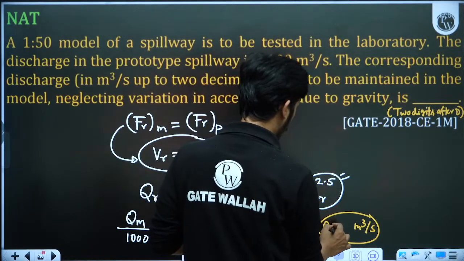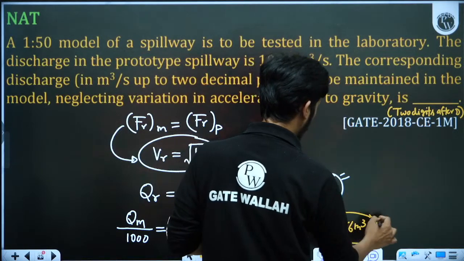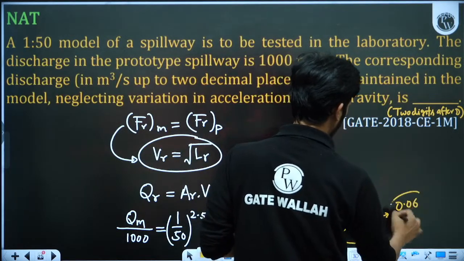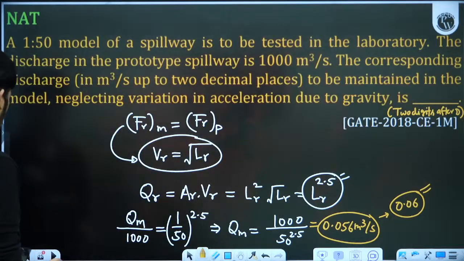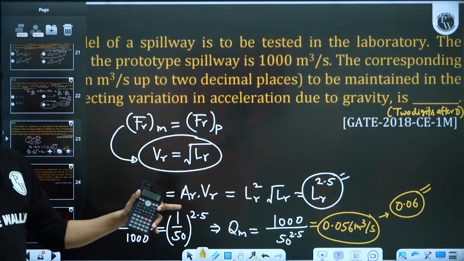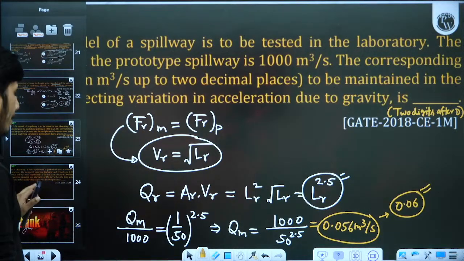Whenever I am giving an answer fast, there will be some mistake. So I have corrected it: 0.056, not 0.56. So 0.06 will be the answer.